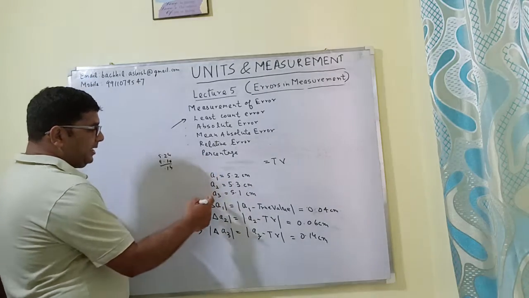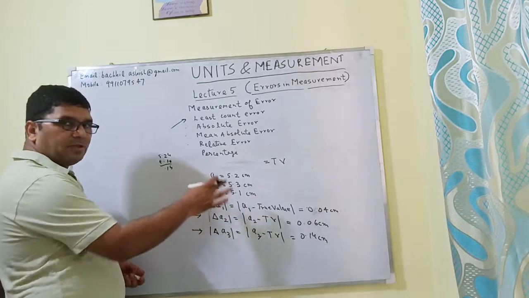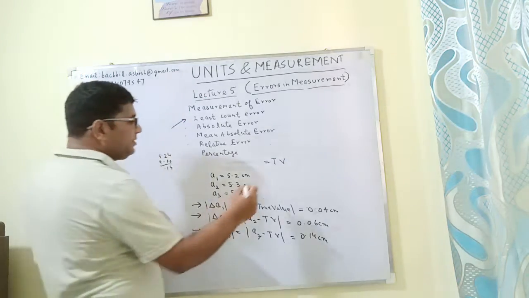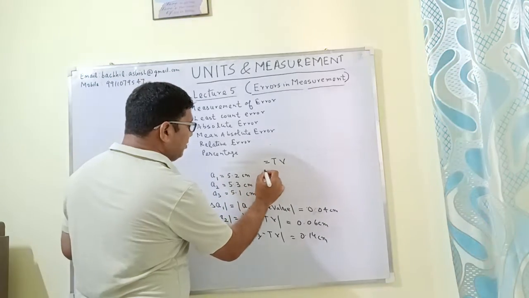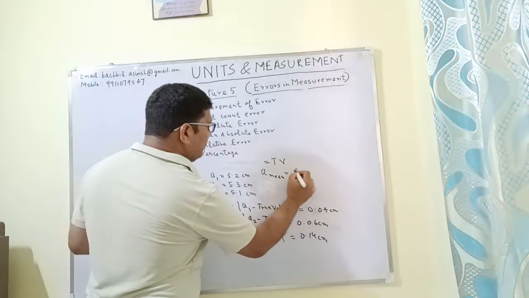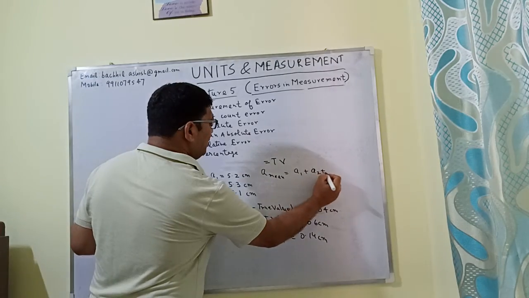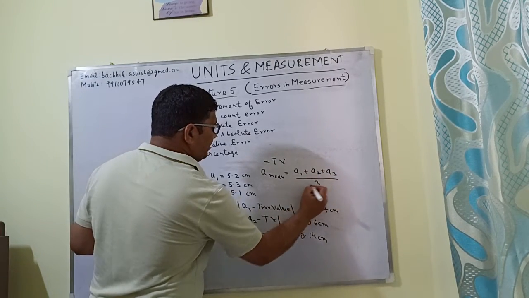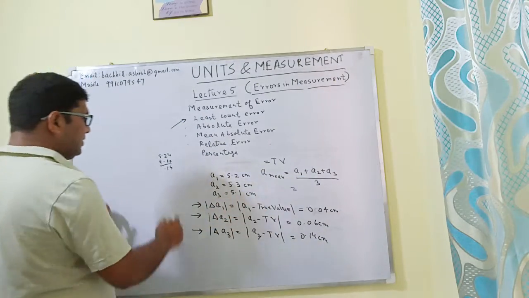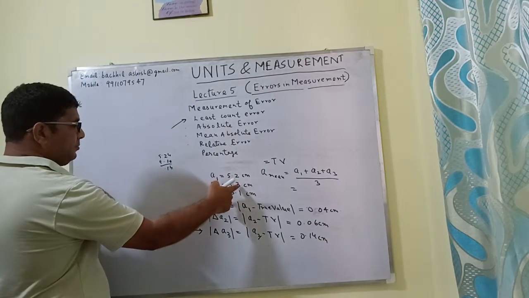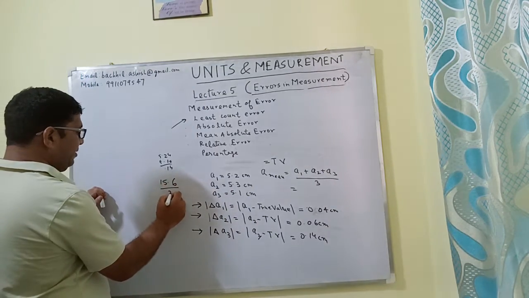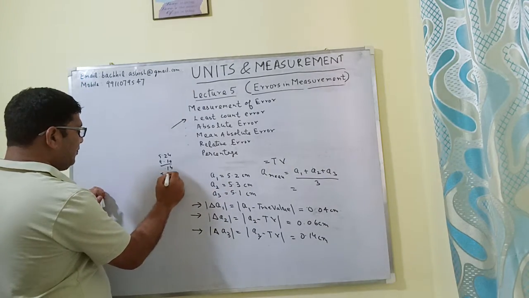So what will we do? Whatever readings we take, because we don't know the true value, we will take many readings and then we will take out the mean of those readings. That is called the mean, average, which here is equal to A1 plus A2 plus A3 divided by 3. So we will get a value which is equal to how much? If we just add it here, 3 to 5 and 6, 15.6 divided by 3, which is equal to 5.2.